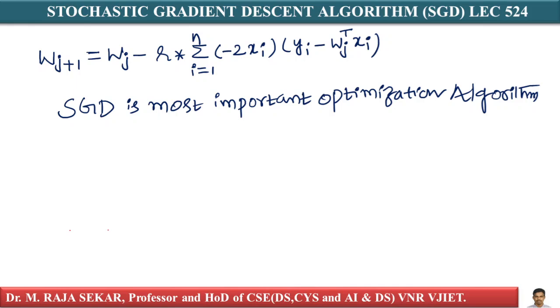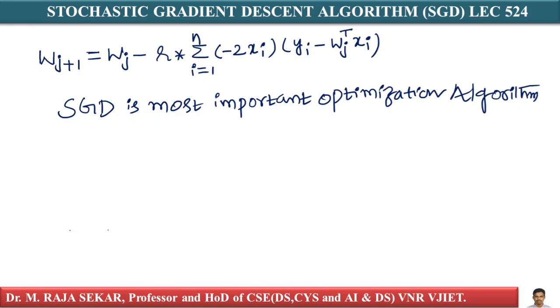By the way, in machine learning, we use lots of algorithms, but the most important one is SGD. Literally, it has become the cornerstone. We saw gradient descent, and we modify gradient descent slightly and make it SGD.